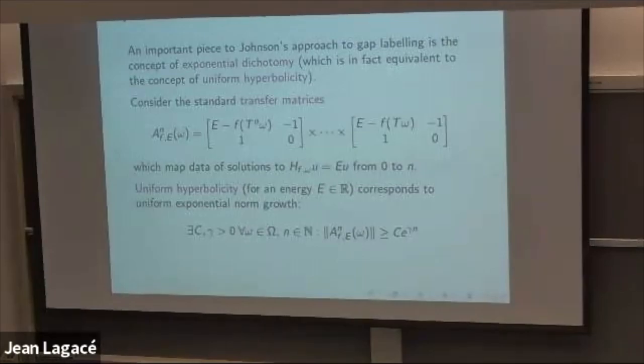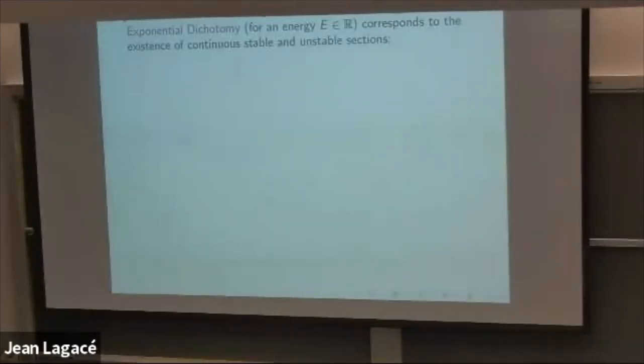Okay, so this is uniformly hyperbolic behavior, but you're really interested in whether for an E you have it. And so you collect all the E's for which you have uniformly hyperbolic behavior for the associated transfer matrices in the set UH. So that's one thing that's a little bit easier to define. Exponential dichotomy actually also showed up on Lingoy's slides, is the splitting that is both invariant and with appropriate estimates.